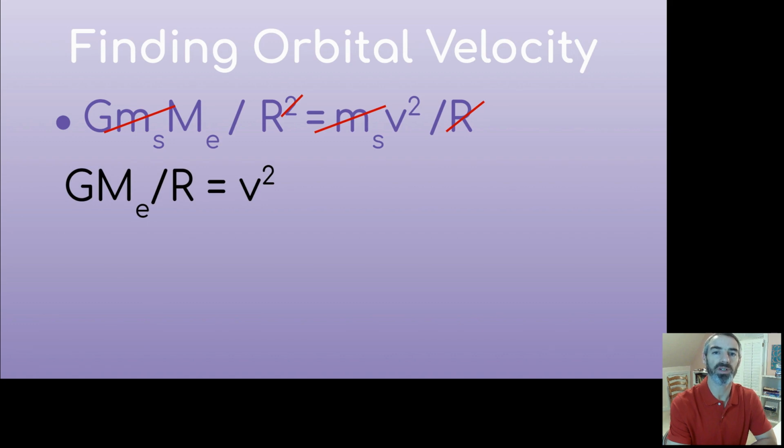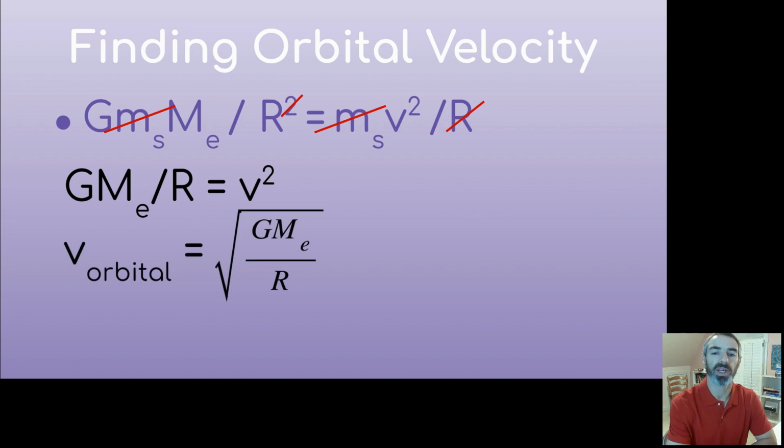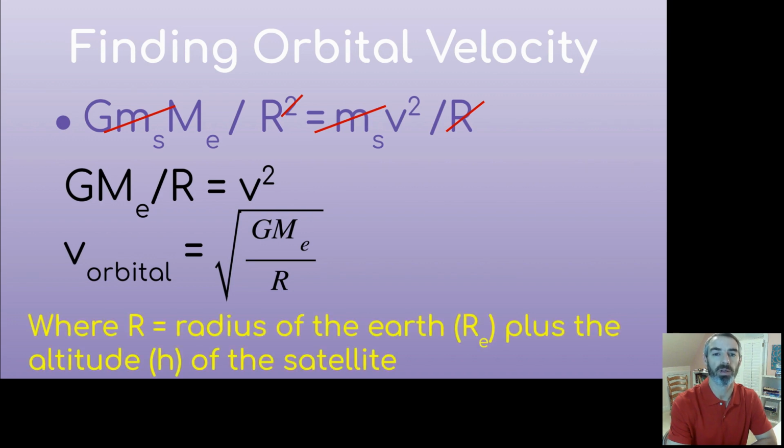To solve for v, we just have to take the square root of each side. And the orbital velocity, as you can see, is dependent solely on the radius of the orbit. The radius would be the radius of the Earth plus the altitude above the surface of the Earth. So that's what the r value is: the altitude, which is the height above the surface, plus the radius of the Earth.